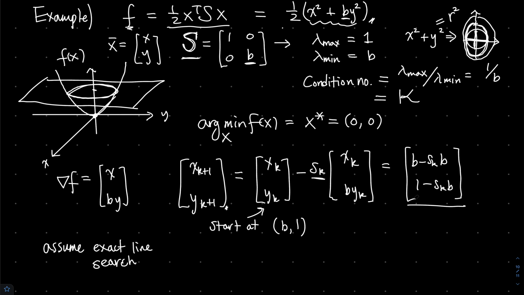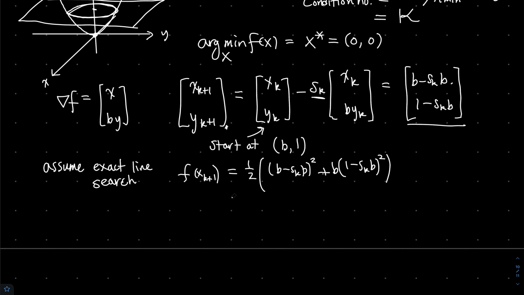So we can insert these values, xk+1 into here and yk+1 into here, and then we will get f(xk+1) is 1/2 (b minus sk b) squared plus b times (1 minus sk b) squared.